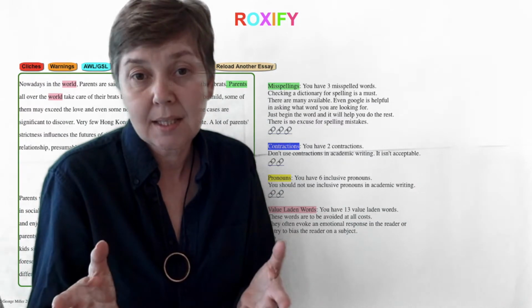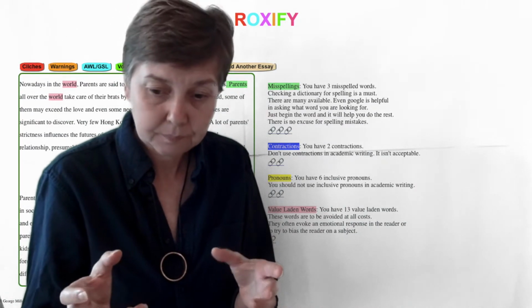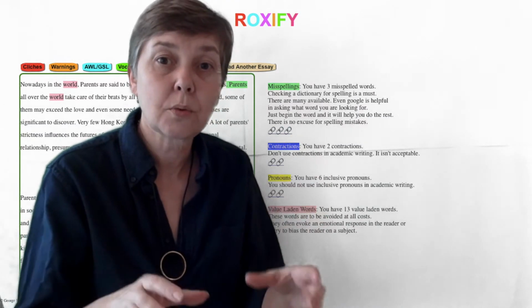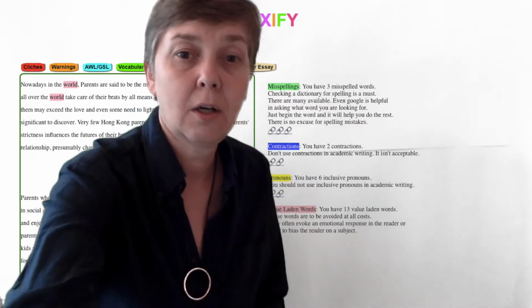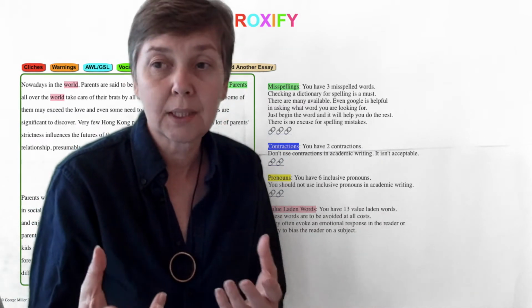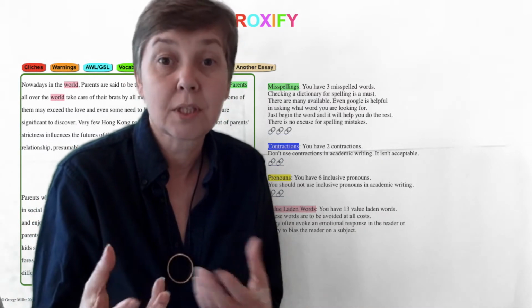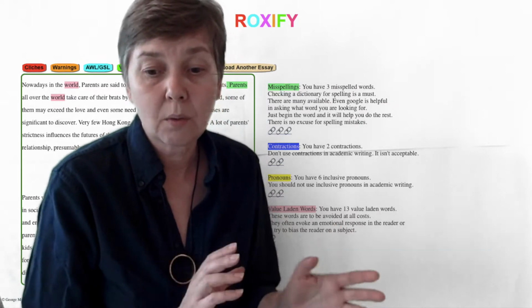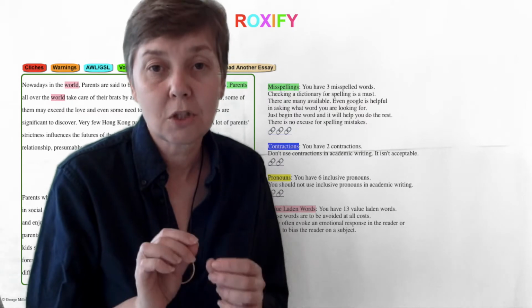If you say something like, the student has the correct attitude toward learning, they are doing it the correct way, this is value laden. It has an emotive reaction with some people, so you want to change it. Again, everything on the warnings page you need to use your judgment for.